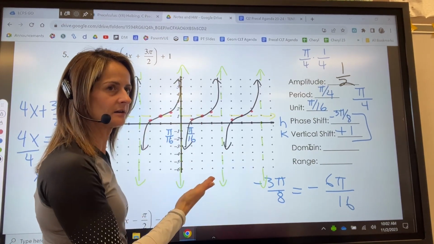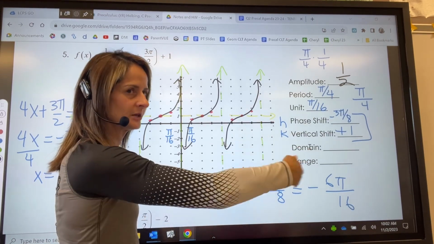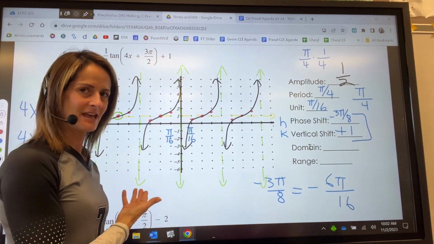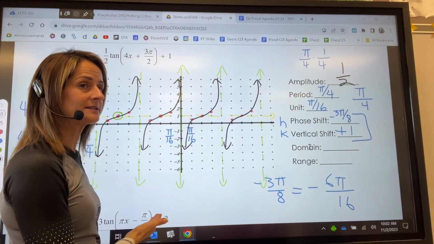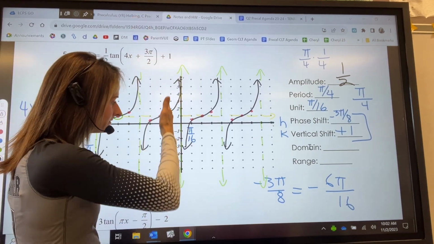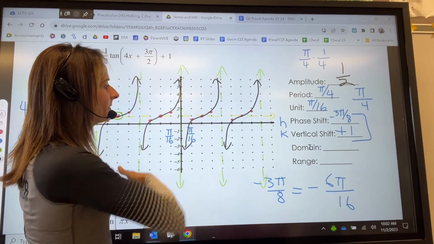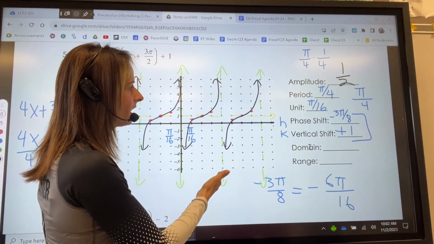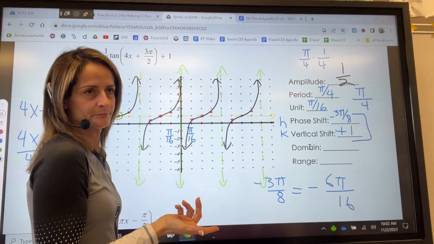We start there, and then we count period, plus period, plus period, plus period. In this case, our first asymptote is actually on the y-axis. So if we start there by saying it can't be equal to 0, and then we add plus our period times k, it's kind of redundant.